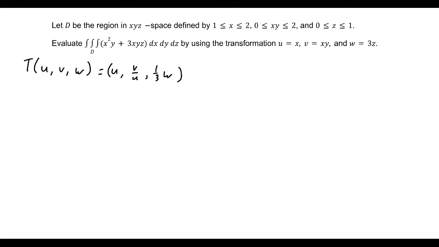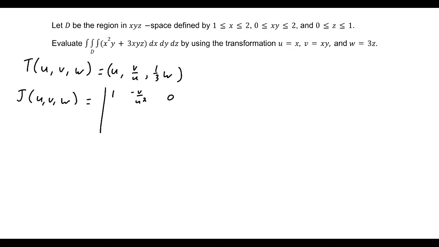Now we can write our Jacobian matrix. J of u, v, w will be equal to the determinant of a 3 by 3 matrix. In our first row, a value of 1 for the first entry, second entry is negative v over u squared, and our third entry is 0.